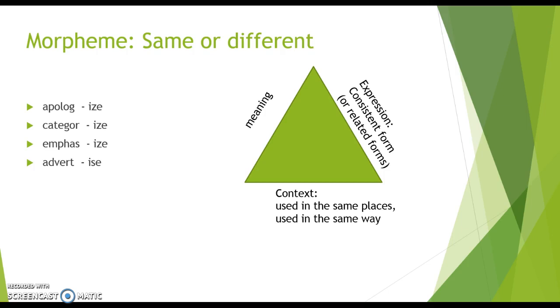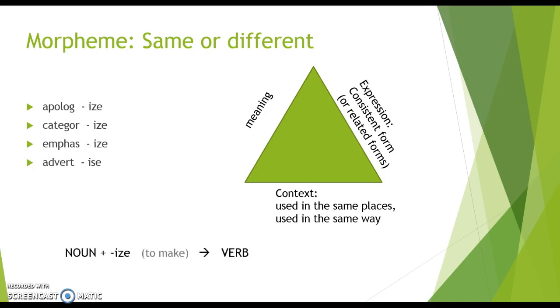And we've already talked about the context, well, we can ask if the context is the same. Apology is a noun, category is a noun, emphasis is a noun, advert is a noun, at least in British English. And then again, I think we've already answered that these seem to be the same form, or at least similar enough, because they're pronounced the same.